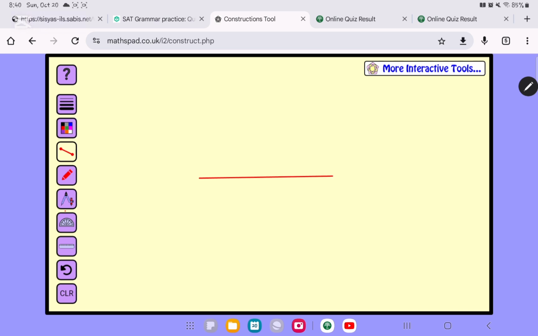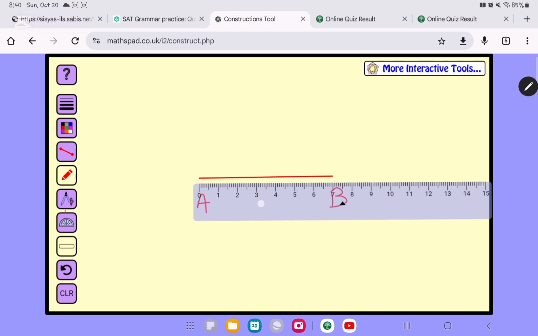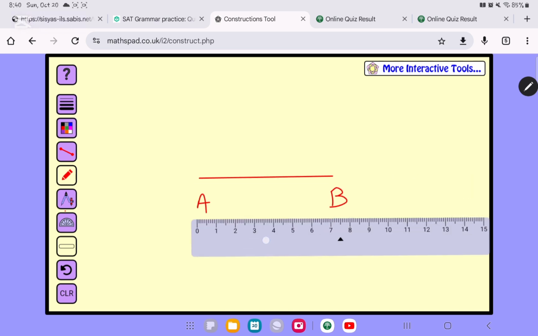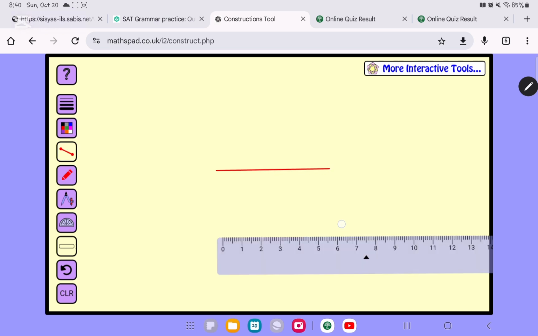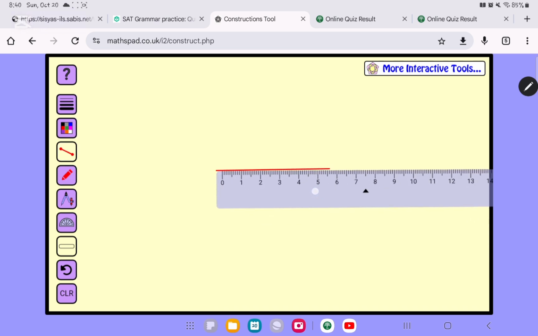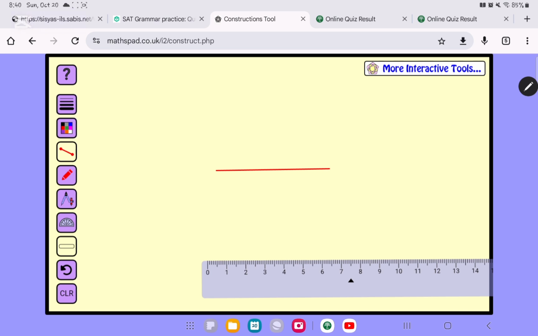So we have a segment. Let's call the segment AB. And how long is this segment? Oh, it's almost 7 centimeters. Let's make the segment a little shorter then. So we have this segment, which is almost 6 centimeters. We're gonna call this segment AB.